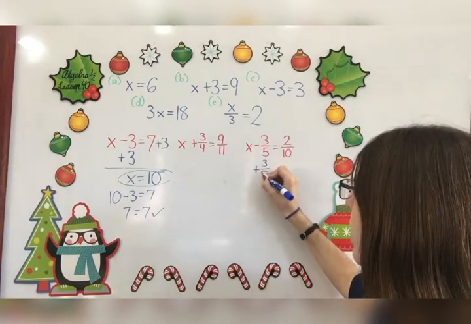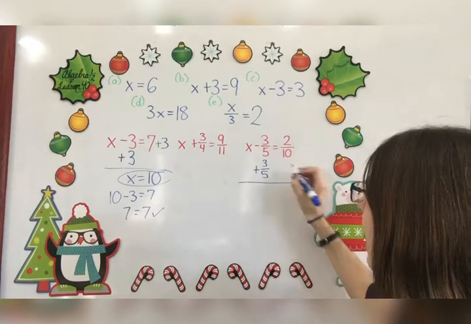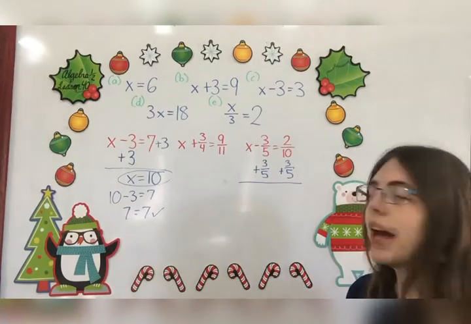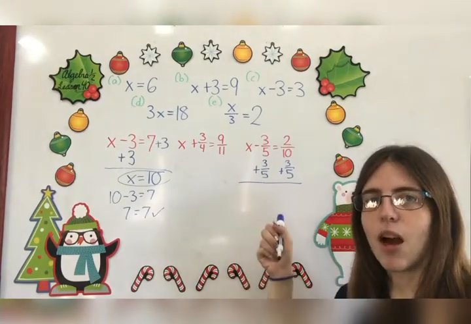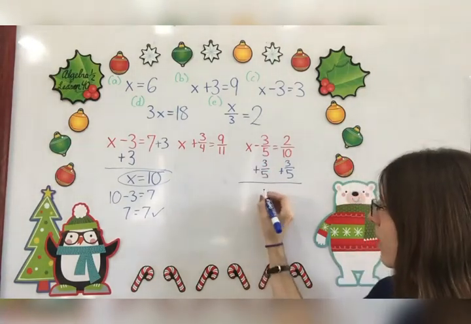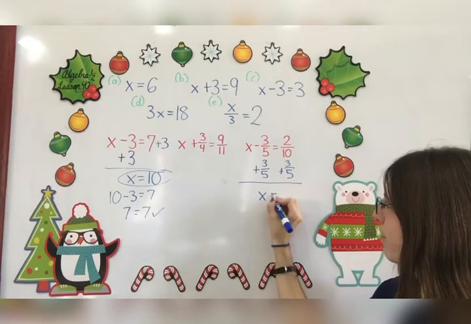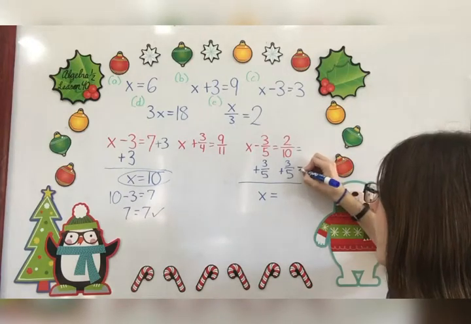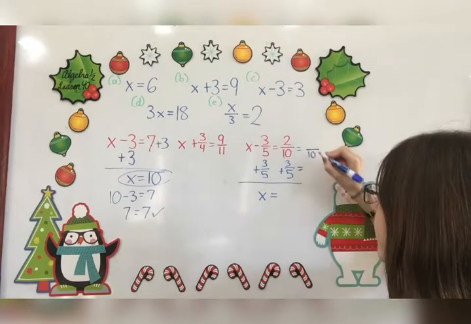And according to my rule, whatever I do to one side, I have to also do to the other. But in order to add these, they have to have a common denominator. My 3/5 over here cancels out and it's just x. So x equals, well, the least common multiple of 5 and 10 is 10, so that's easy.